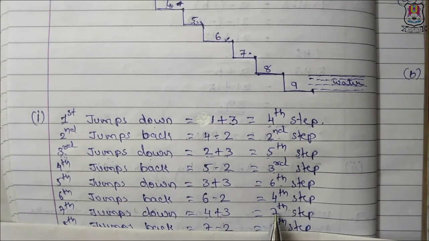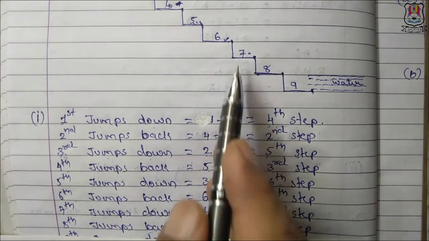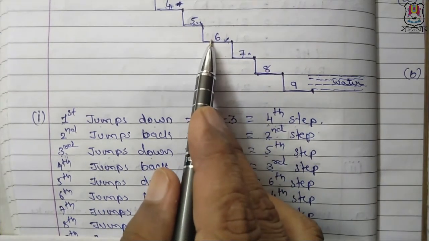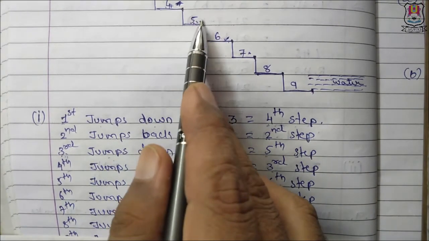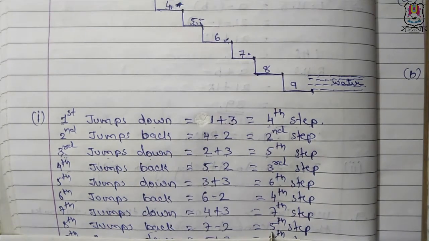So he was on the 7th step, and then again he jumps back. So 7 minus 2, so from 7 he jumps back to 6 and 5th. Now he is on 5th step. So 7 minus 2, 5th step.